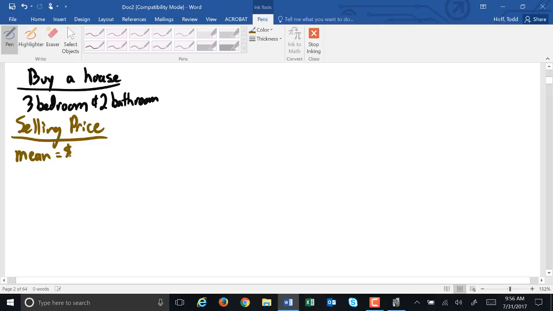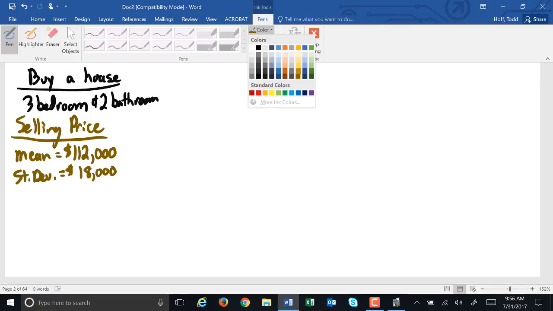In this area, for a 3-bedroom, 2-bathroom house, the mean selling price is about 112,000, with a standard deviation of about 18,000. So what does that mean?